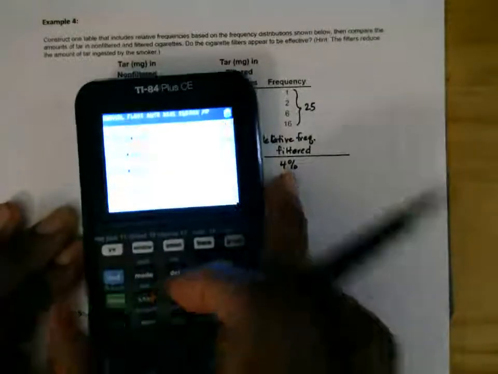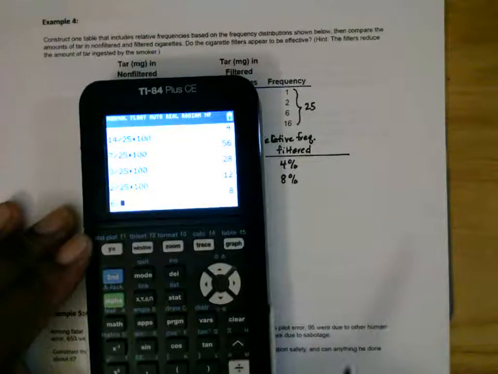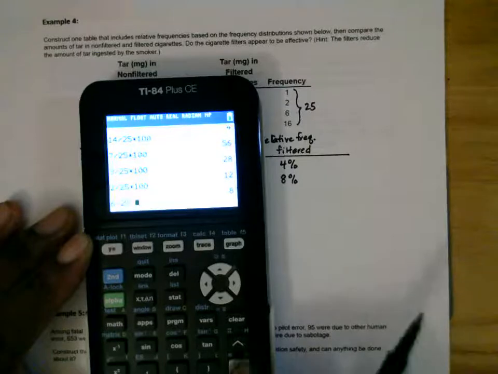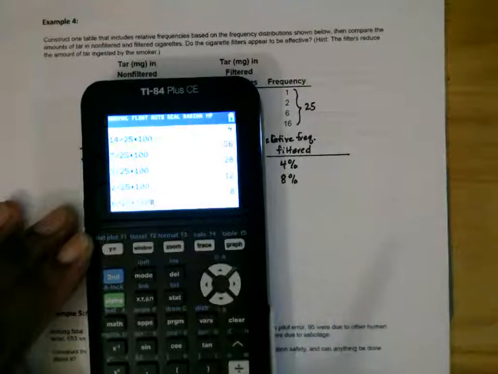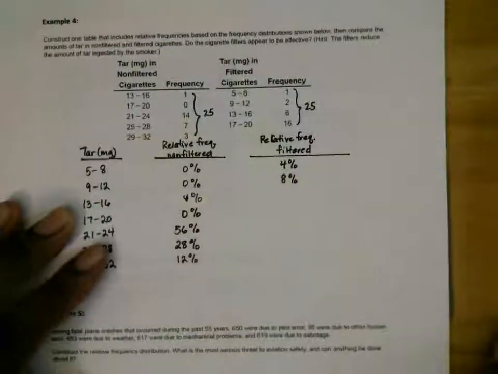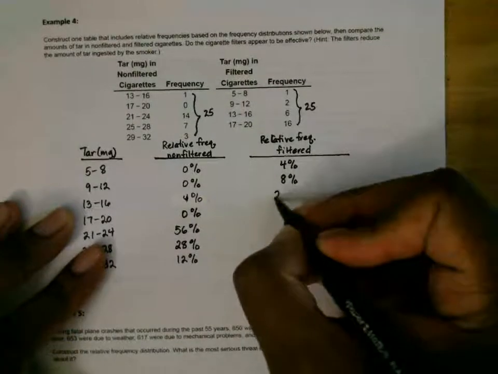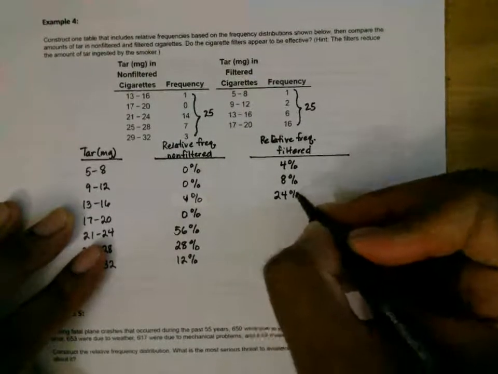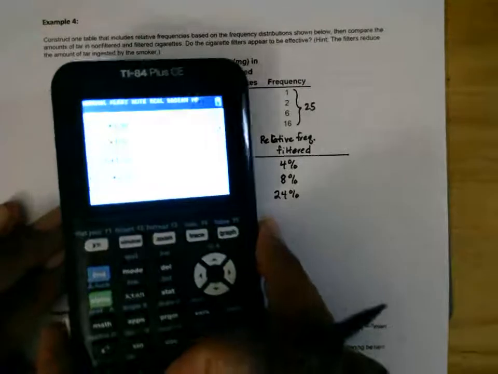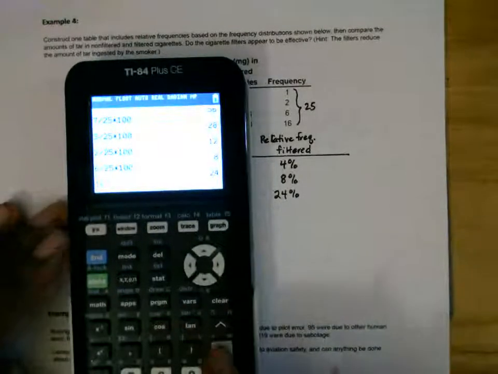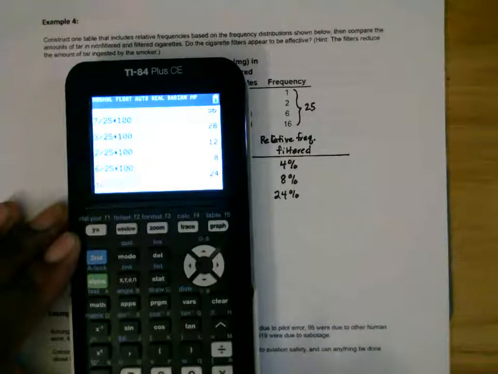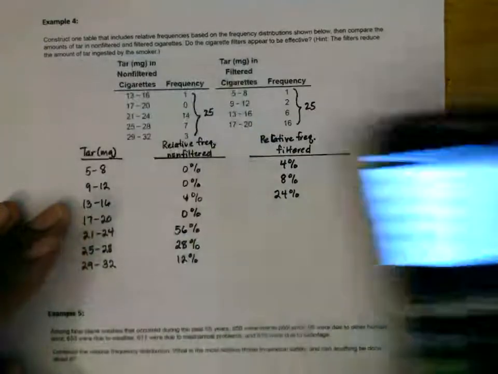And then for 13 to 16, that's 6. So 6 divided by 25 times 100. That's 24%. And then for the 17 to 20, there's 16. 16 divided by 25 times 100. That'd be 64%.